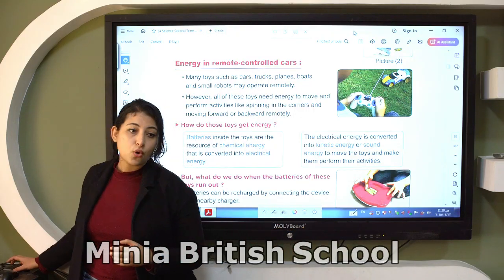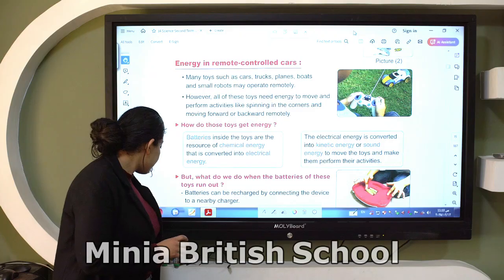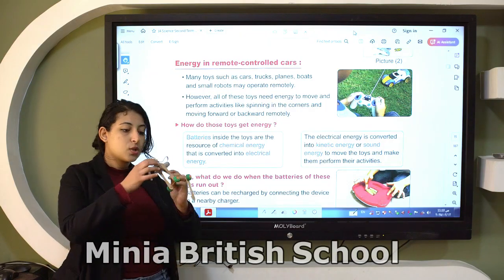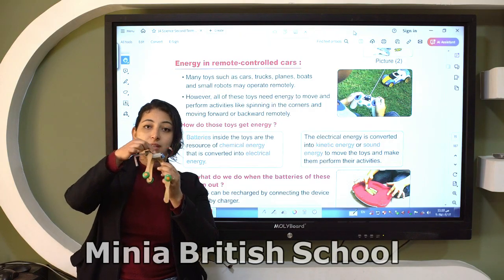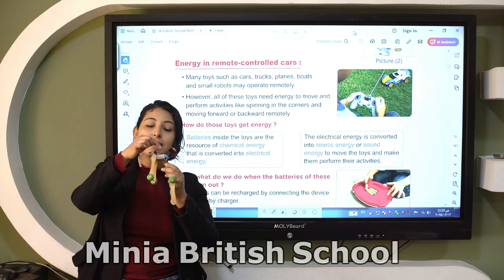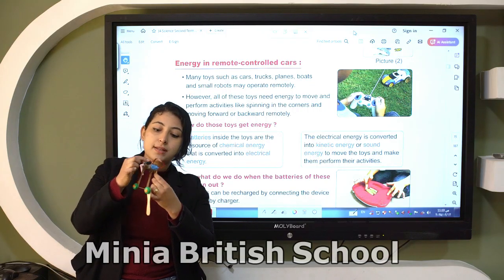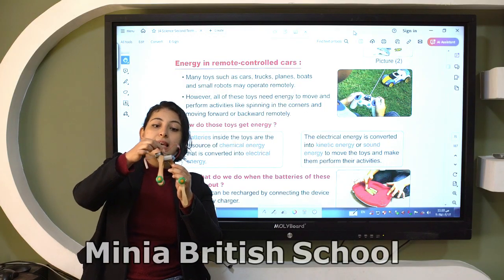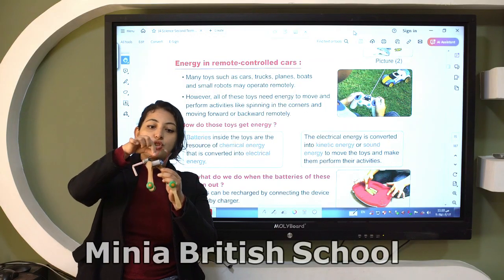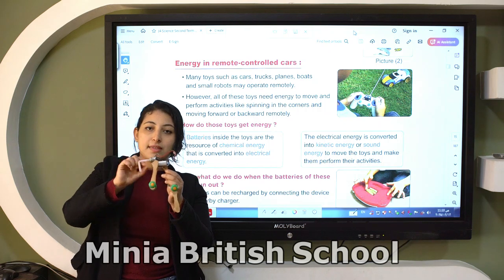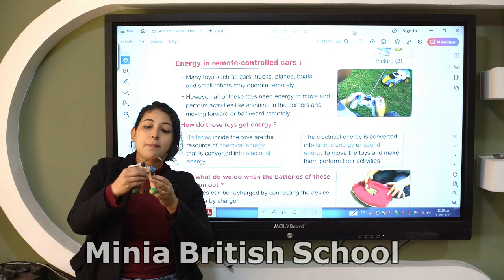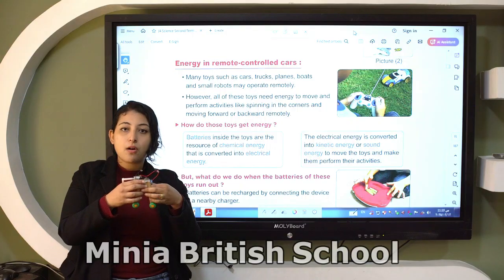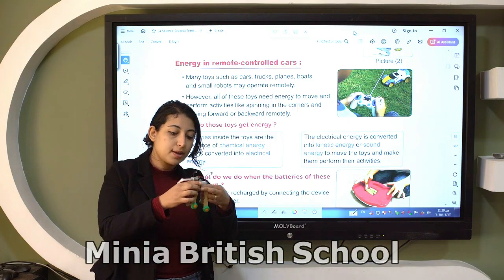All batteries we know are connected with electric wires. So I have a battery here. This battery stores chemical energy, and all batteries, I said, are connected with electric wires. So I can say chemical energy in the battery changes into electric energy in the electric wires that makes the toy car move this way.